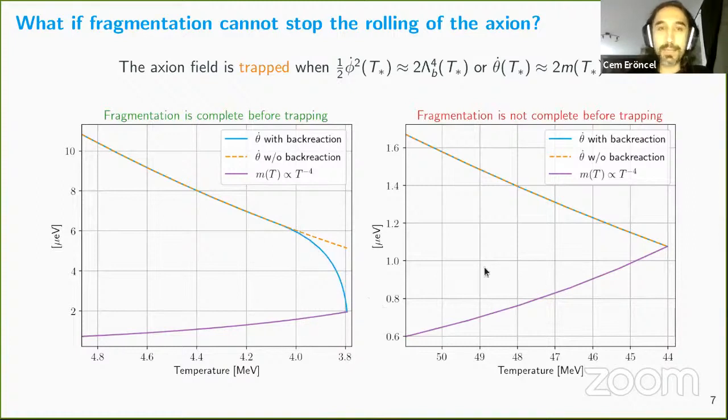But it is possible that this strong fragmentation regime is not activated. What happens instead is the axion is trapped by the potential barrier before this strong back reaction regime starts to kick in. So in this case, the fragmentation will not be complete before trapping, in opposite to this case.